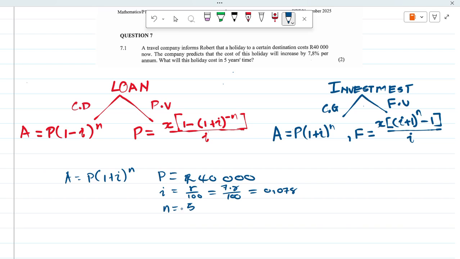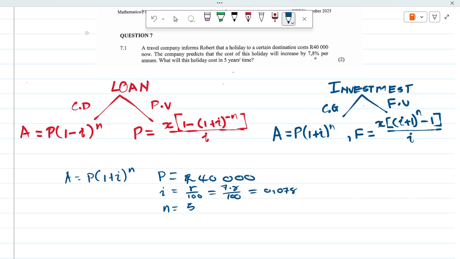Now, I need to warn you of something. What you need to pay attention to is the compound period, right? So let's say if they said the value of the holiday will increase by 7.8% per annum compounded monthly, then the value of n would change. Why would it change? And how would it change?